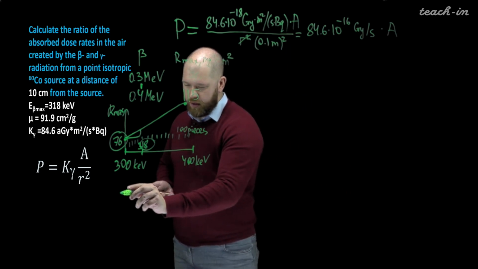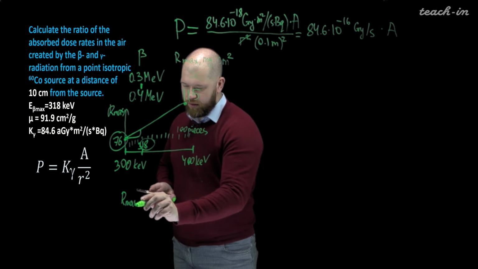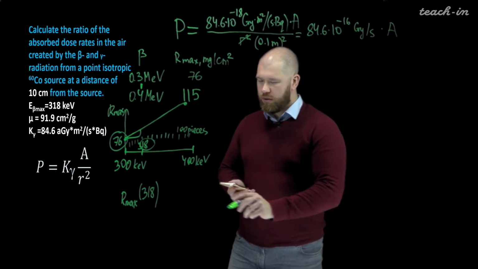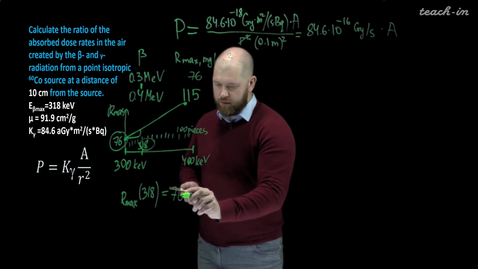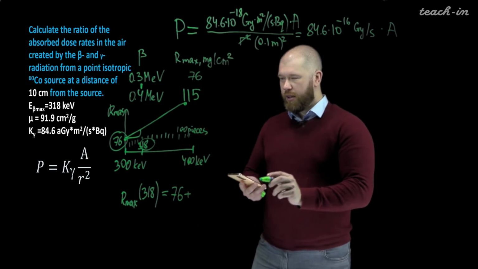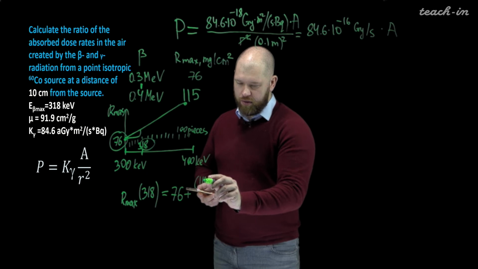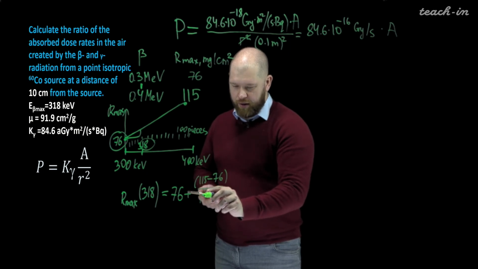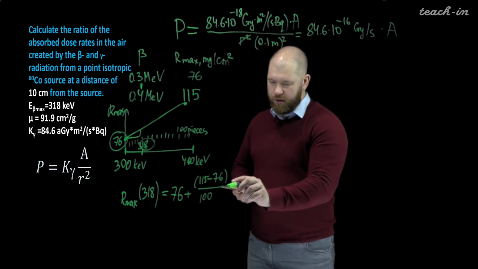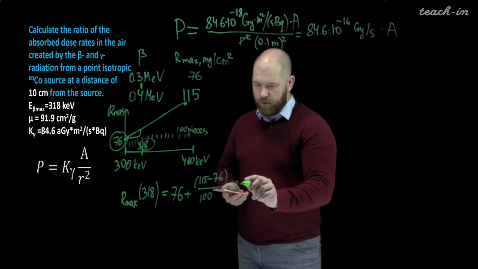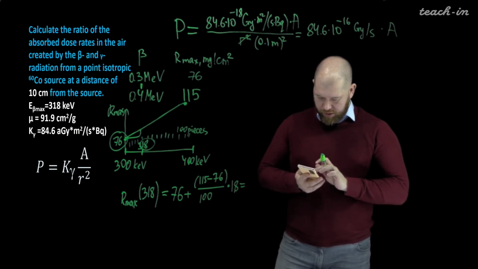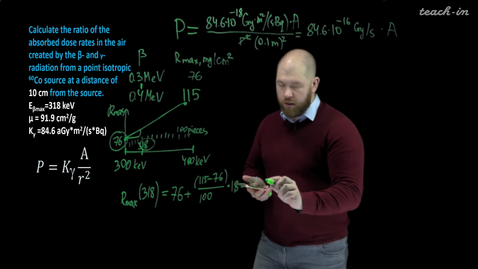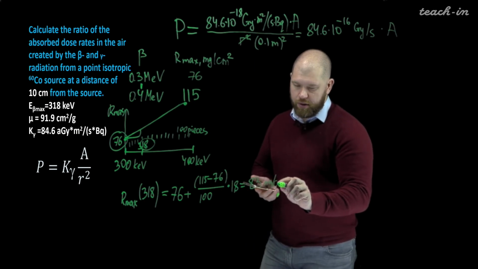The maximum range for our beta particles with the energy 318 kilo electron volts will be 76 plus, as I told you, we simply take this line, divided it by 100 pieces, and multiplied it by 18. So let's calculate it. I got this number, 83 milligram per square centimeter.